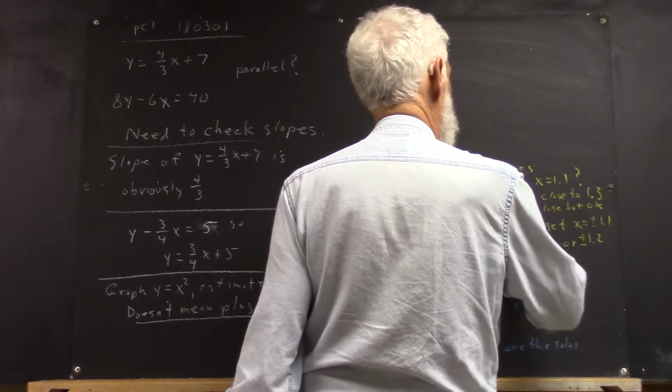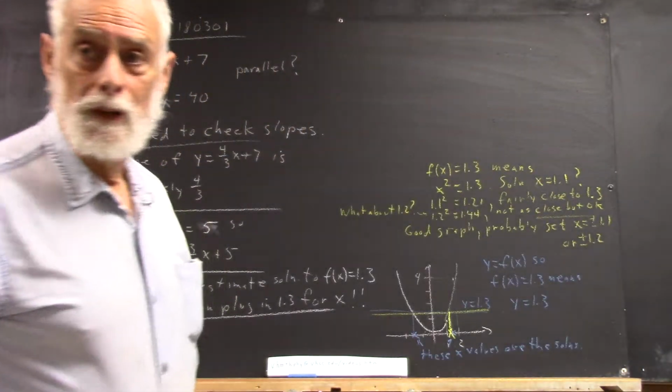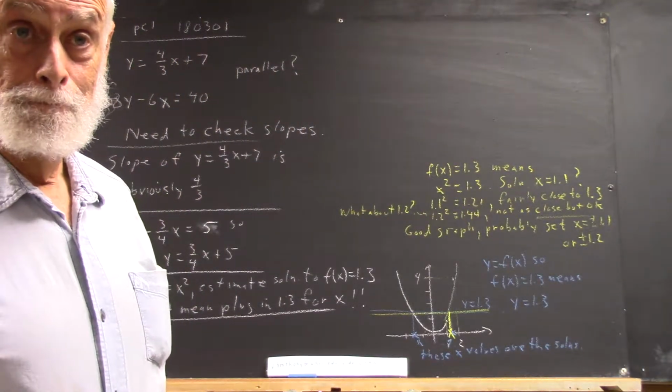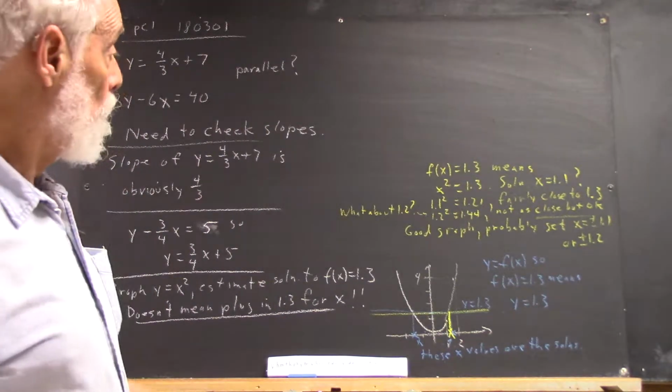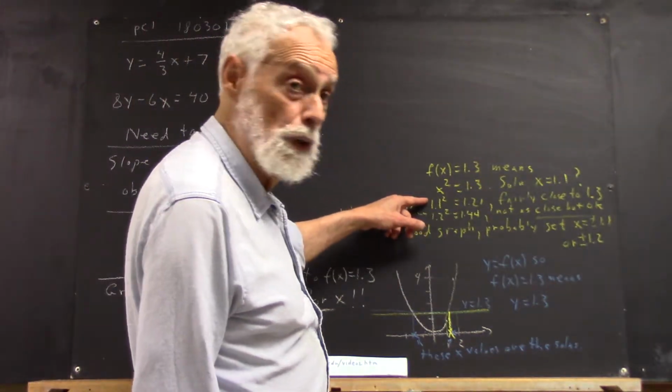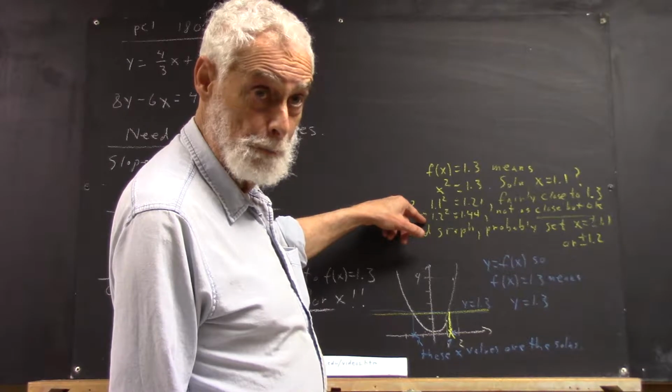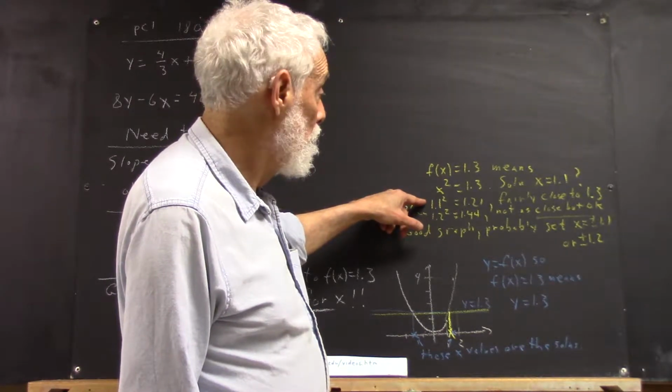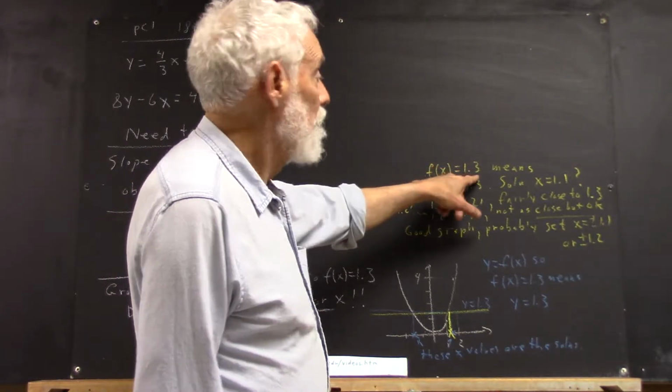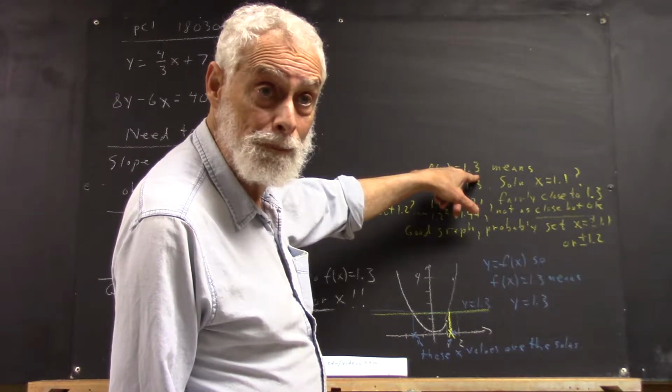That's not as close, but it's okay. Right? So you know that the solution is between 1.1 and 1.2, right? 1.1, when you plug it into this function, gives you less than 1.3, okay?